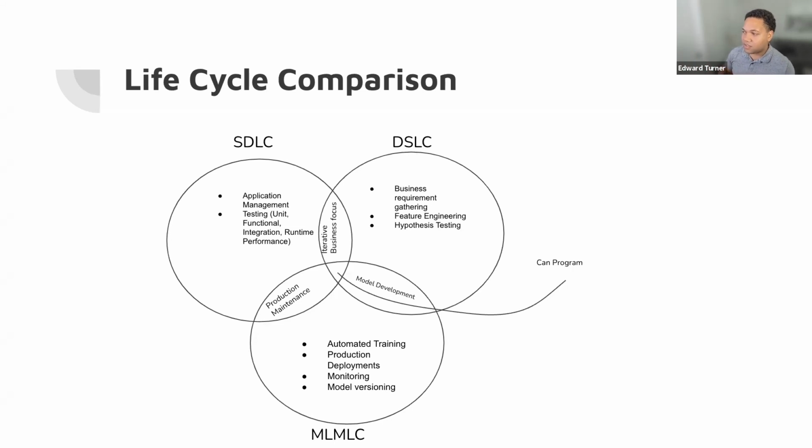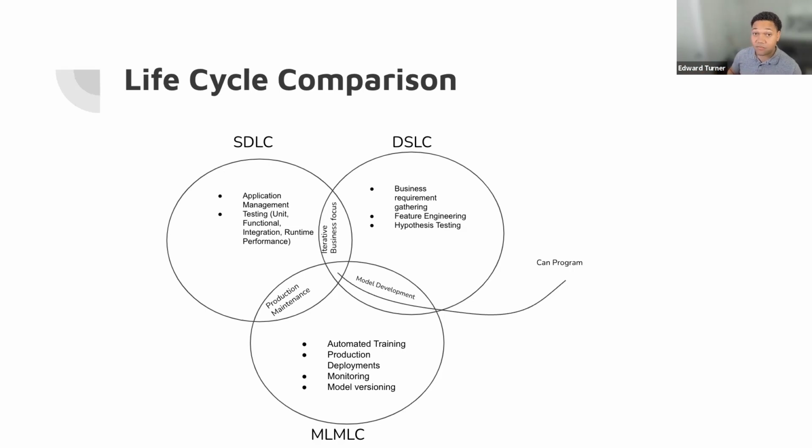Then, in the data science life cycle, we focus a lot on business requirements gathering. This is talking to stakeholders, trying to solve problems. And then you have your feature engineering and your hypothesis testing. And then your machine learning model life cycle, the MLMLC.